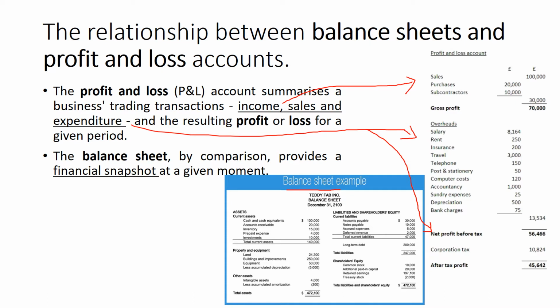However, in the case of the balance sheet, by comparison, it provides a financial snapshot at a given time, at a given moment. We would like to see what happened in that time.